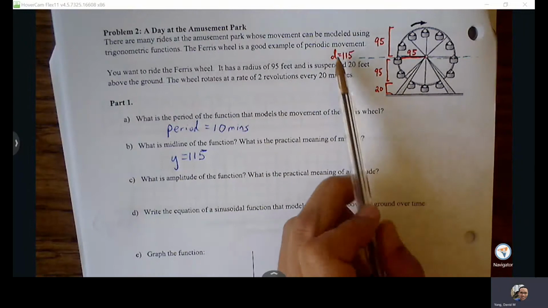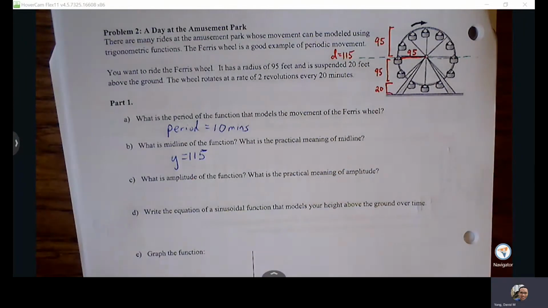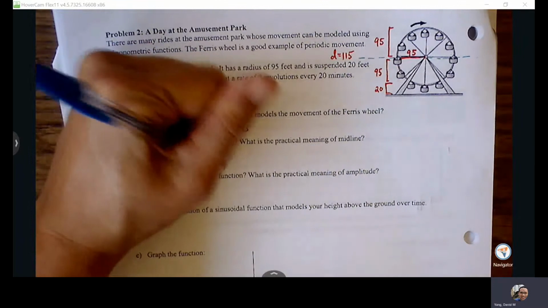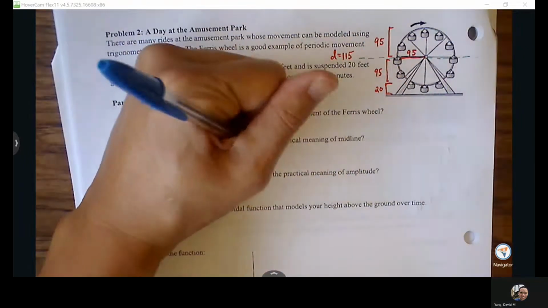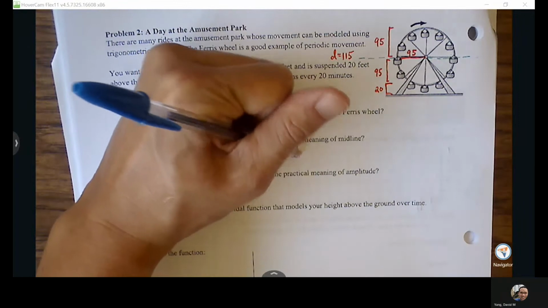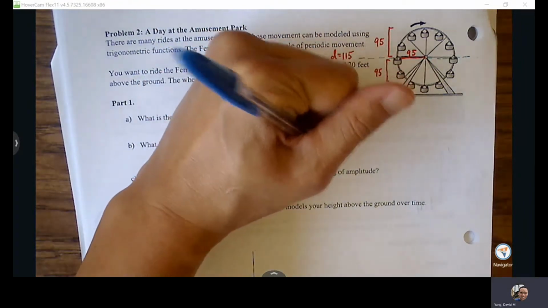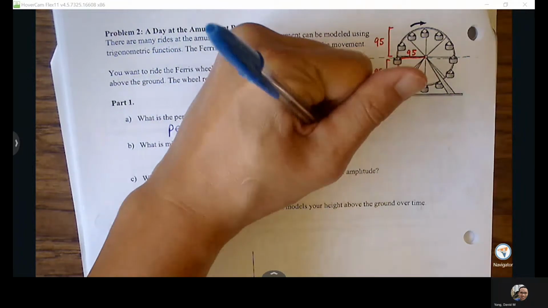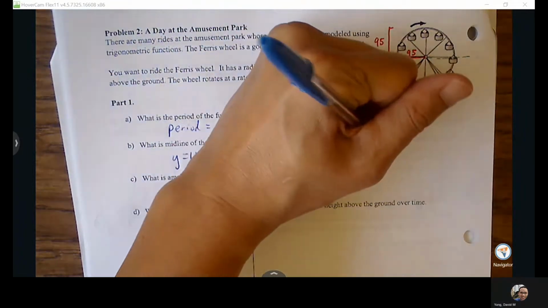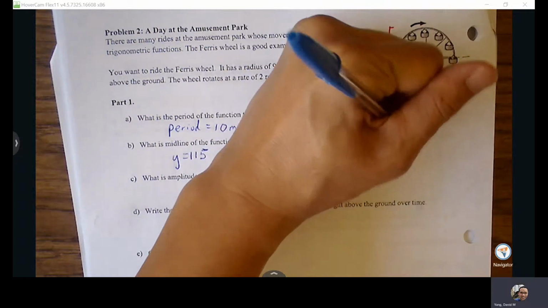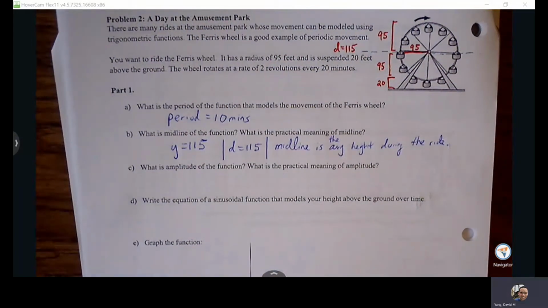Okay. Everybody good? How we got that 115? Right, 20 plus 95. Okay. We can also call that the D value. Okay, average height during the ride.